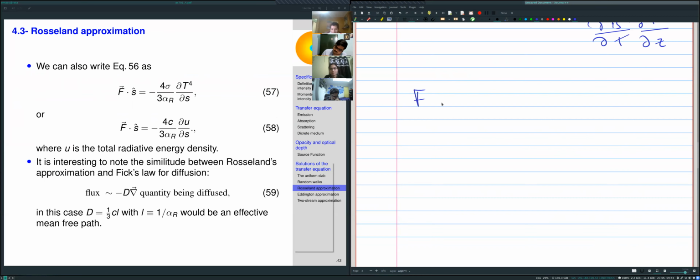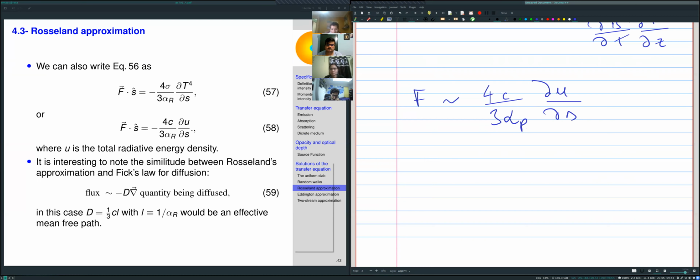The radiation flux is approximately 4c divided by 3 alpha times du/ds.